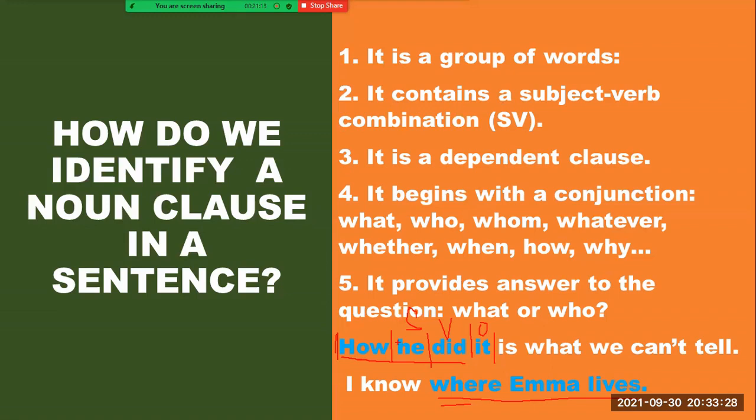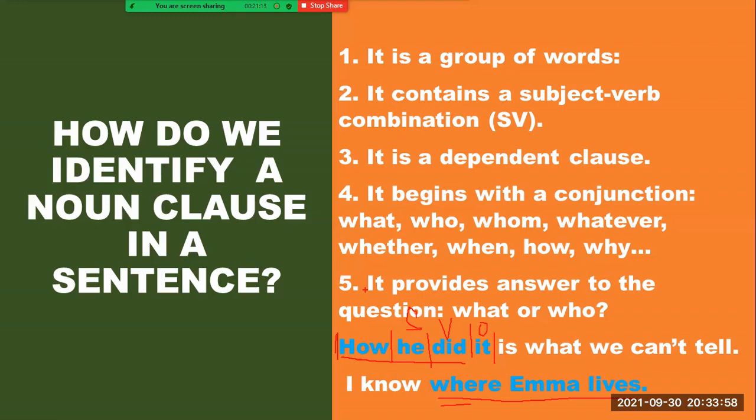It begins with a conjunction or a relative pronoun or let's say a relative adverb. All right. So that is exactly the fourth thing we ought to know when we are looking for a noun clause in a sentence. How we identify the noun clause is by looking for these features of the noun clause.